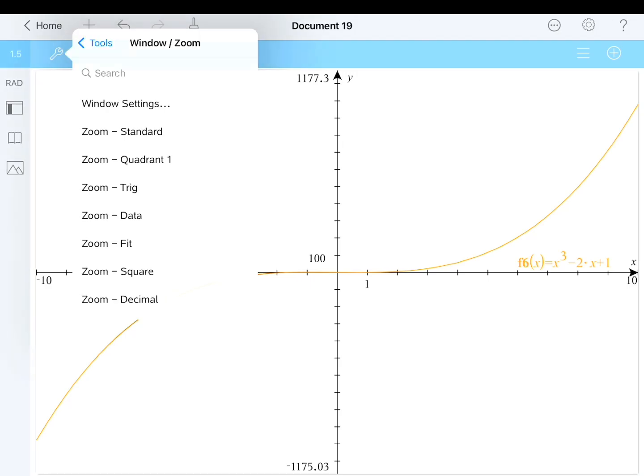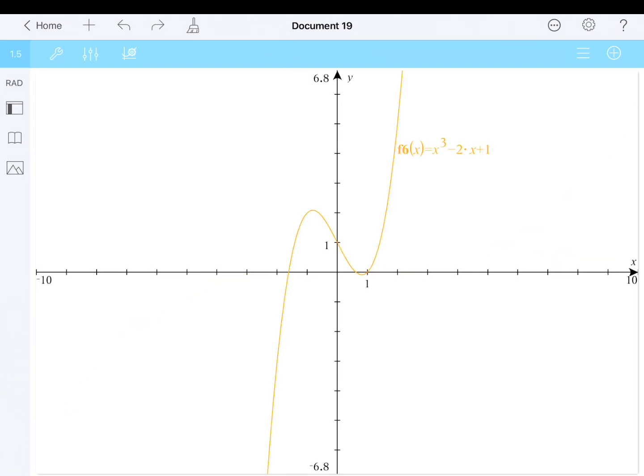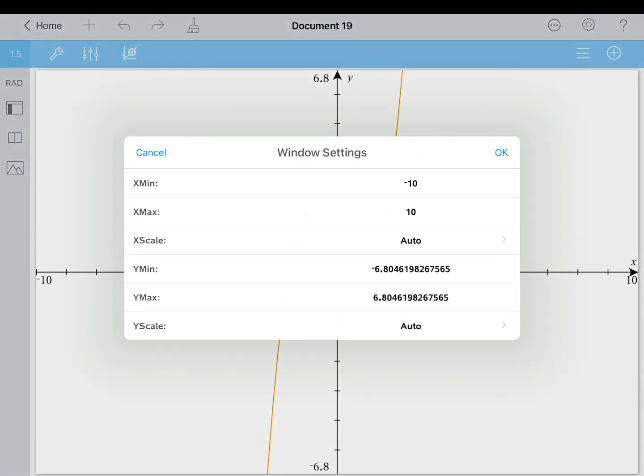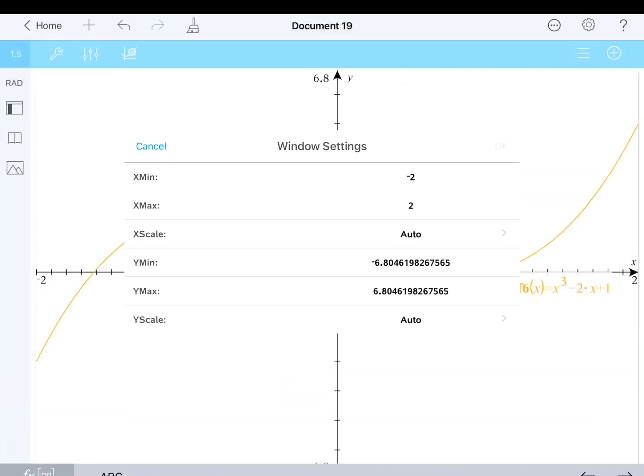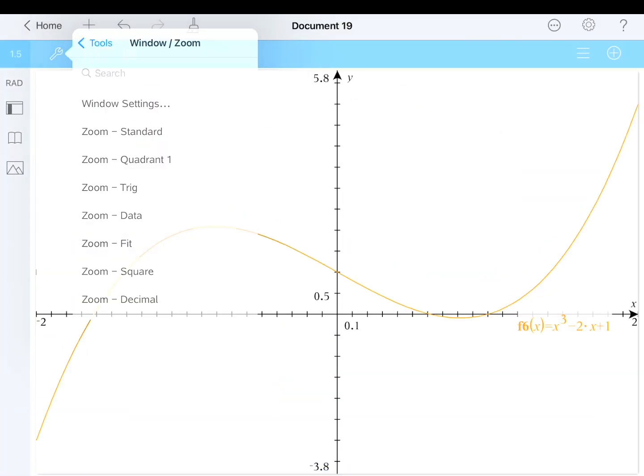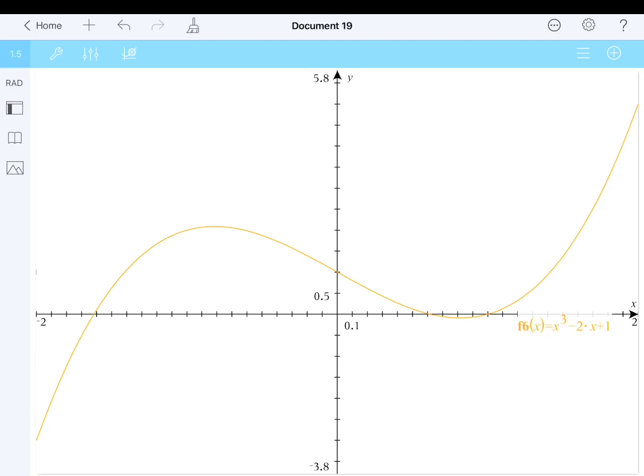For example, if we go back to the function, look at this. This up and down, this local maximum, minimum happens around, where is it? Plus minus 1. So if I restrict my domain, let's say plus minus 2, go to window setting, if I go to plus minus 2 on the x minimum, x maximum, and then try to demonstrate the zoom fit, I'm sure it's going to look much better than the previous one, because in the previous one the domain was from -10 to 10.